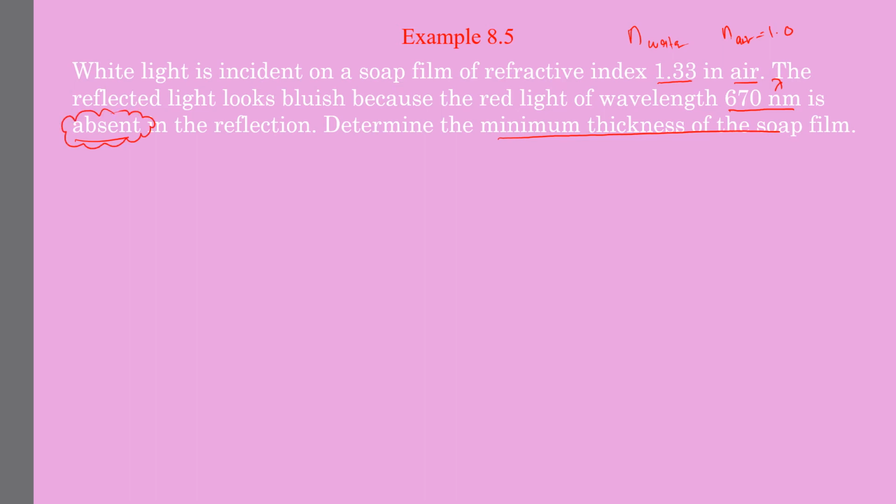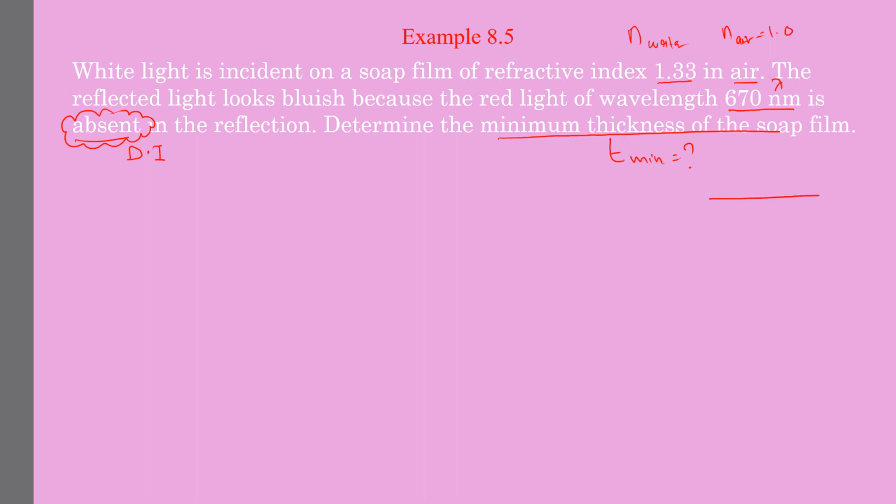So this is the keyword. So this is destructive interference. Determine the minimum thickness, t minimum. Okay, so first of all, we have to check whether this is in phase or anti-phase.